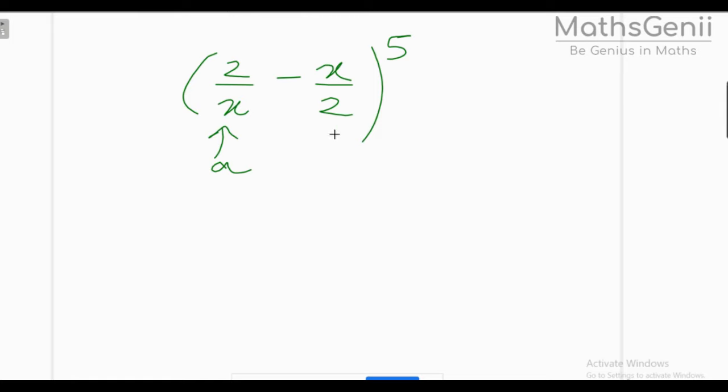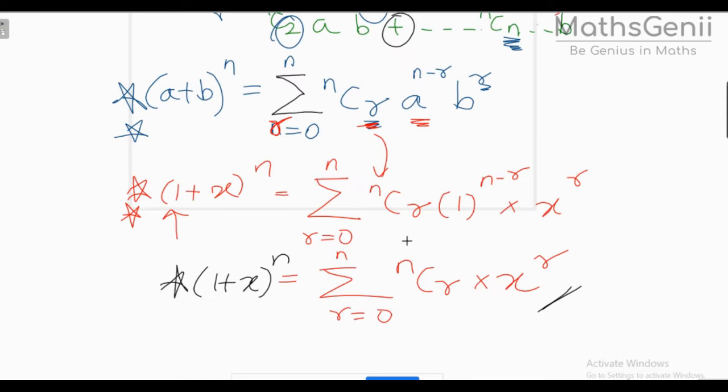I'll take one example of expansion. Expand 2x minus x by 2 raised to 5. Now this looks like A, and this looks like B. What was our formula?